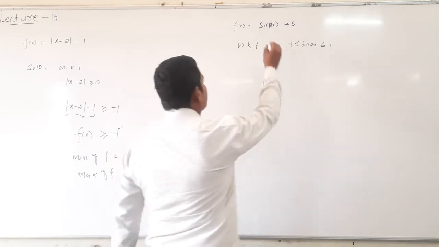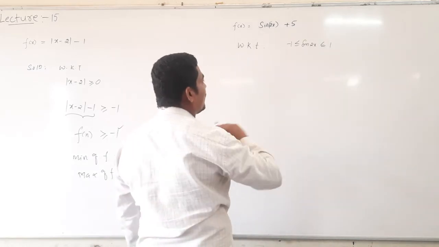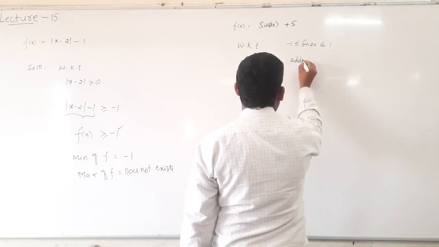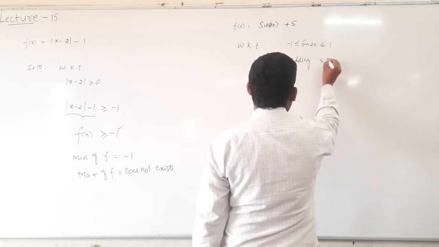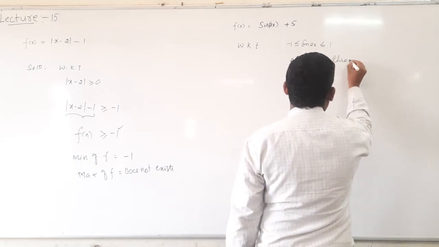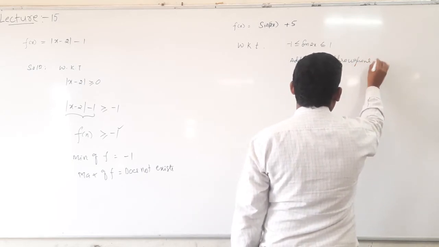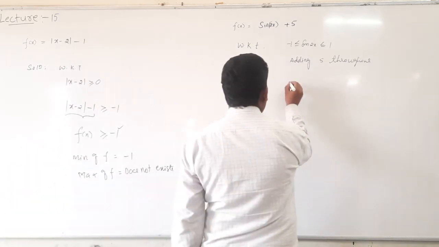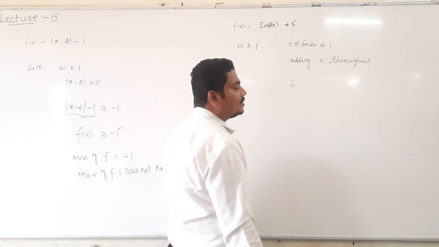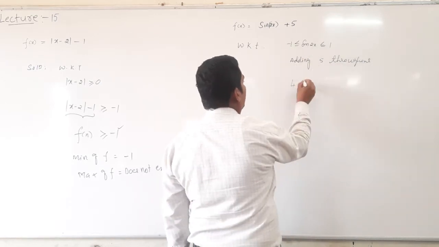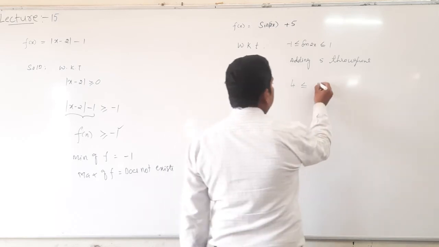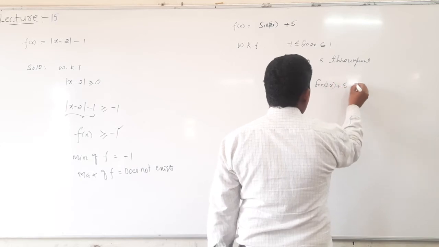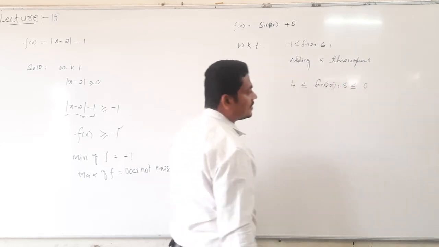But our requirement is sin 2x plus 5, so adding 5 throughout the expression. Then it will be 4, because 5 minus 1 is 4, is less than or equal to sin 2x plus 5, less than or equal to 6.